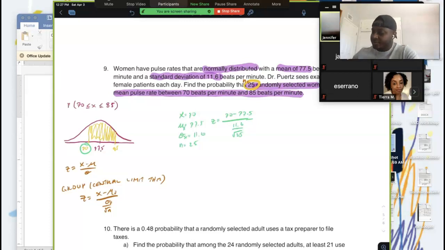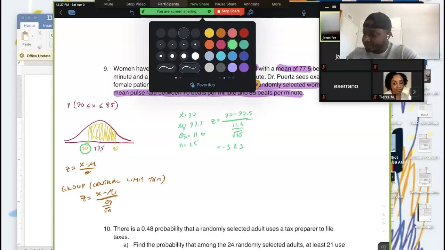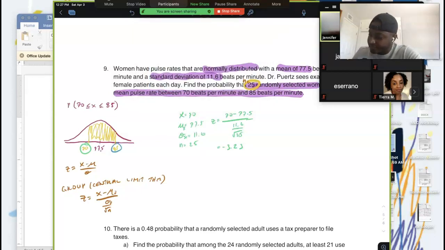All right, and that'll give me negative 3.23. And then I'm going to do the same thing for, I like blue better, 85. So we'll have x is equal to 85. X bar is going to be 77.5. Sigma x bar is going to be 11.6.